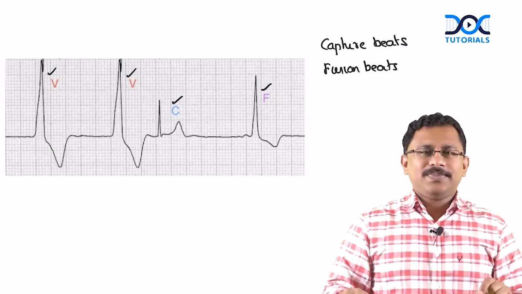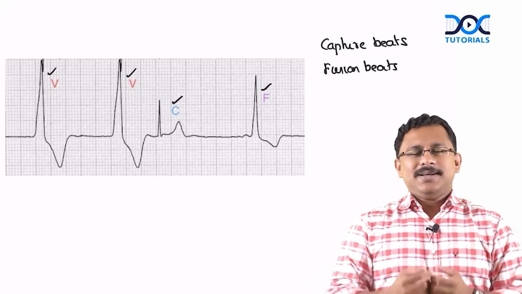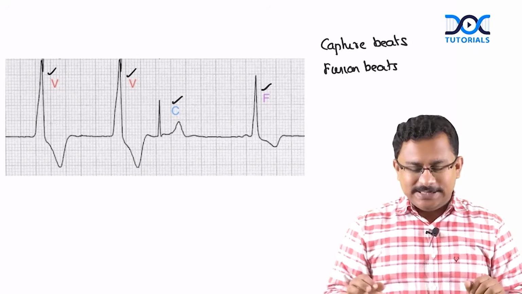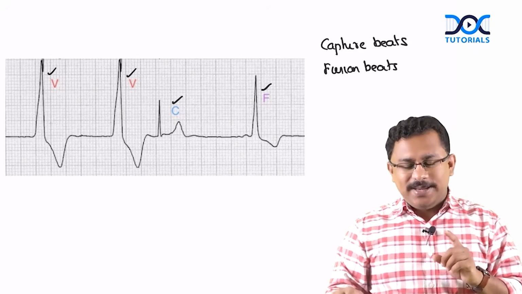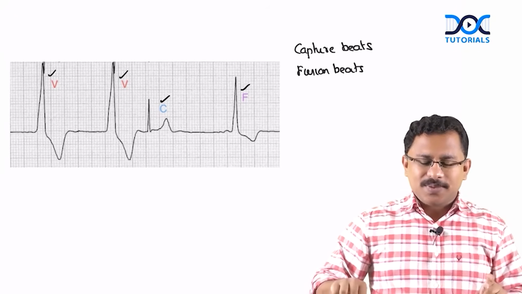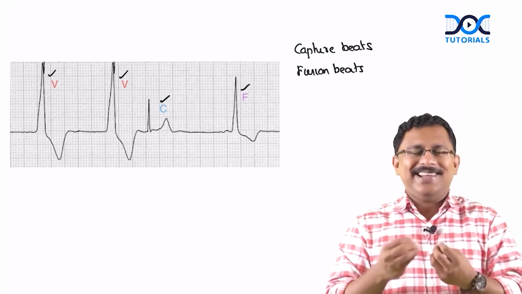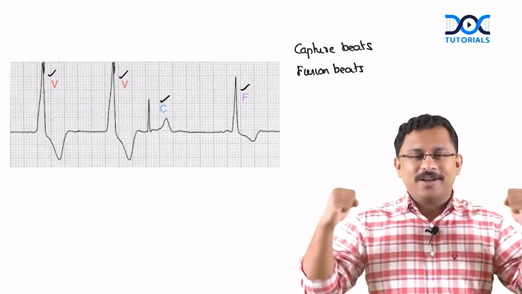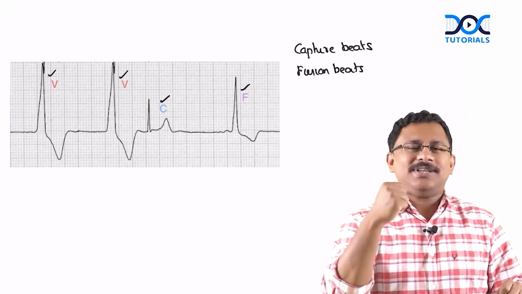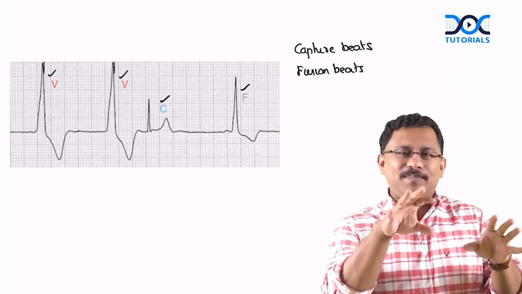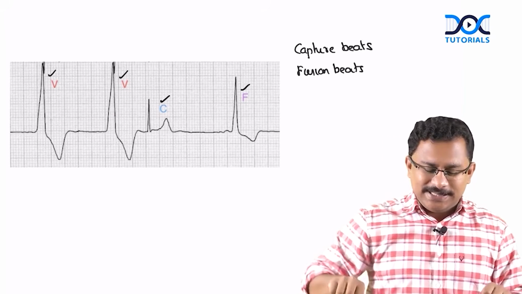Capture beat means, remember, normally in case of an idioventricular rhythm, the pacemaker is below the level of bundle of His, correct? So the SA node definitely is not acting as pacemaker, but sometimes this SA node transiently regains its power of being a pacemaker. So transiently it captures, it determines the ventricular depolarization rate.